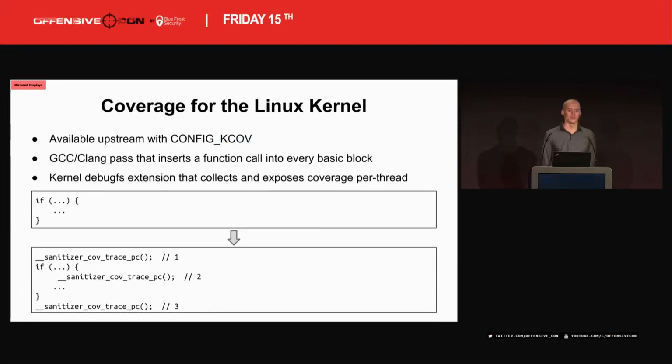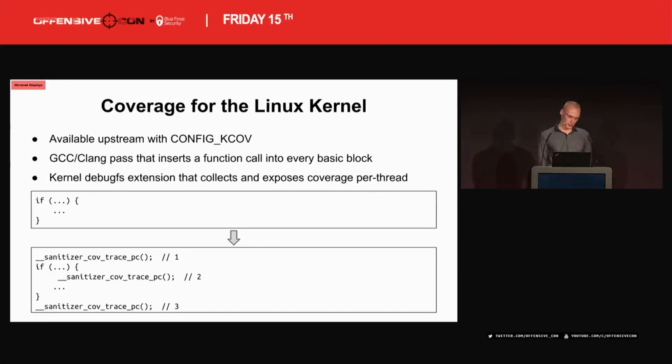The first part is coverage guidance. The idea is that we basically do the same thing that libFuzzer or AFL does. There is a GCC and Clang path. One of the most important things is that for the kernel we actually have the source, so it's easy to use compiler instrumentation to collect the coverage.